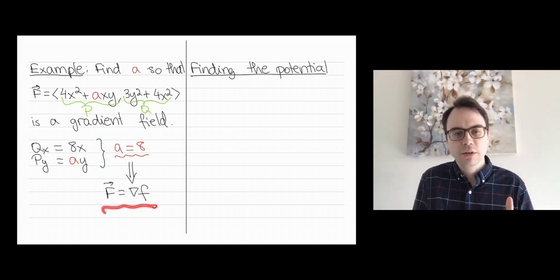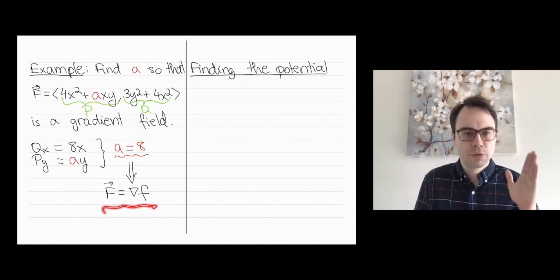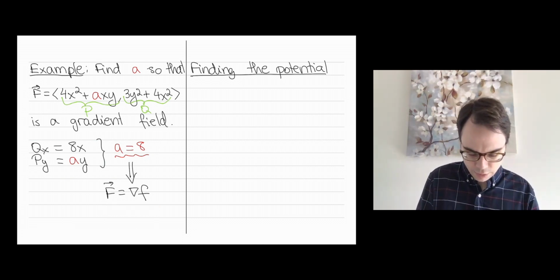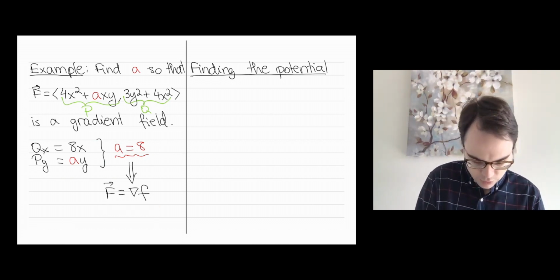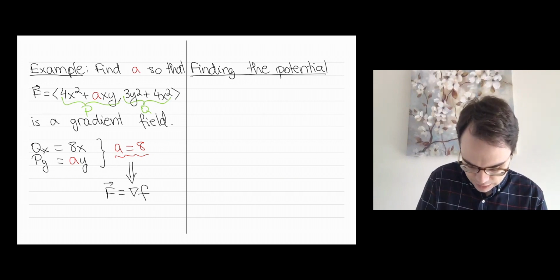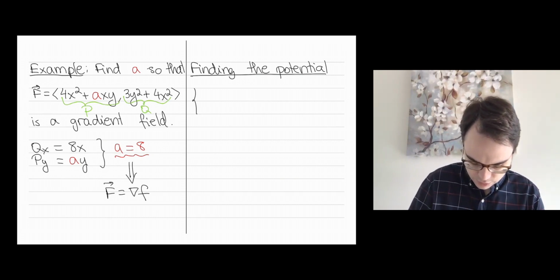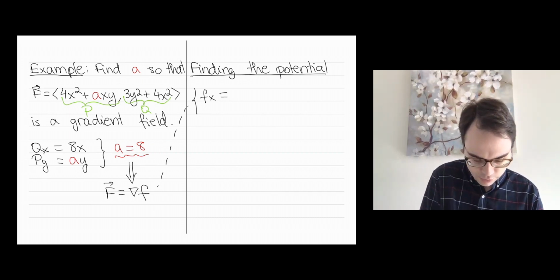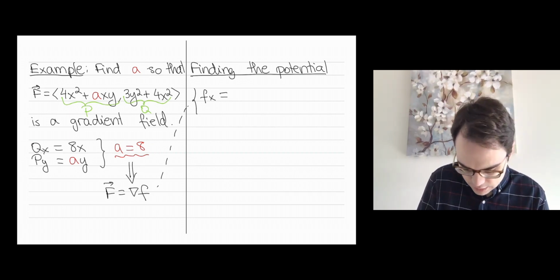This equation between vector fields is just saying that the first component of f is equal to the first component of the gradient of little f. So here we have two equations. The first one says the first component of the gradient, the x partial, is equal to the first component of f, that's p, so 4x squared plus 8xy.